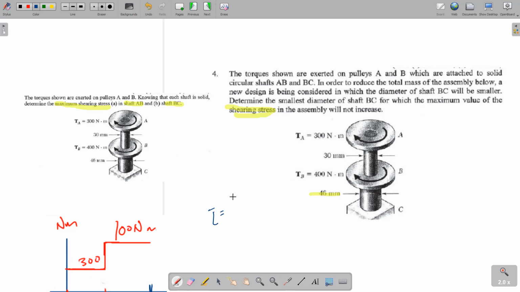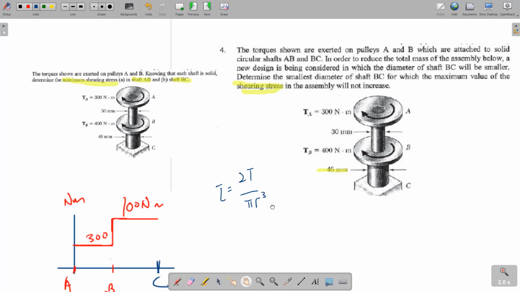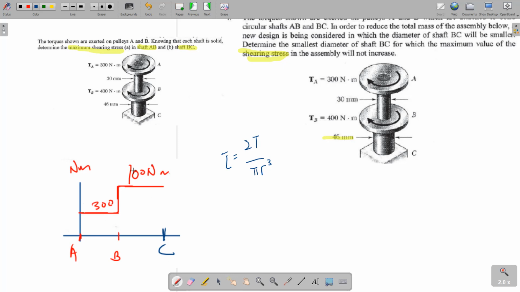Tau equal to 2T over pi r to the power 3, and the previous torque diagram is given here. This is 700 Newton meter, so we are going to apply 700 as the torque. The value for tau, the shear stress, was 56.6 megapascal.